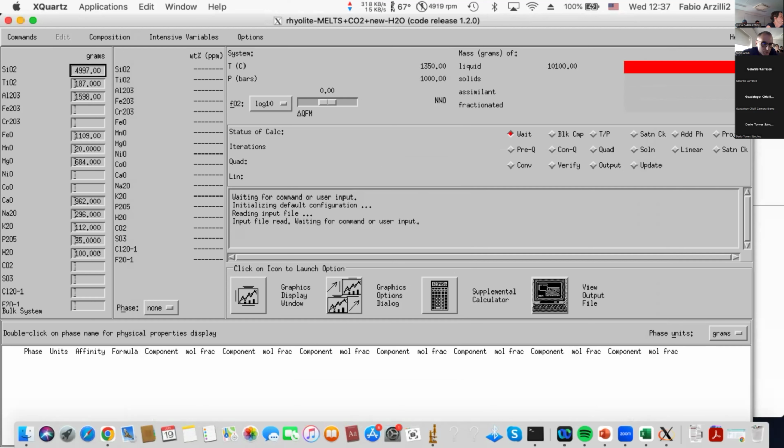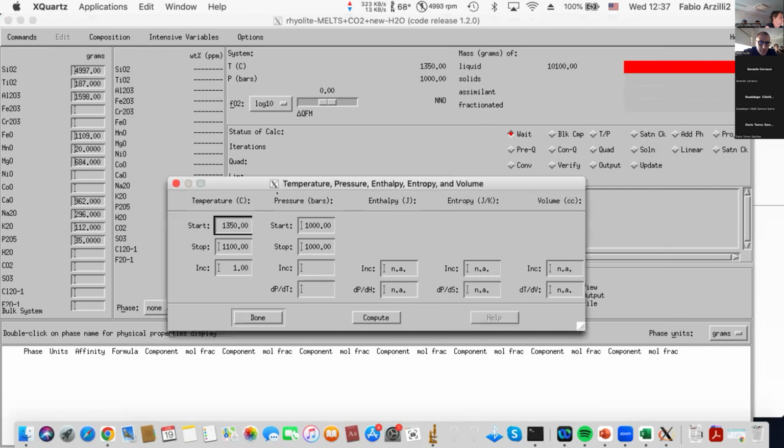Okay, we can remove the water. Remove the water. But it's easier, we do the intensive variables.